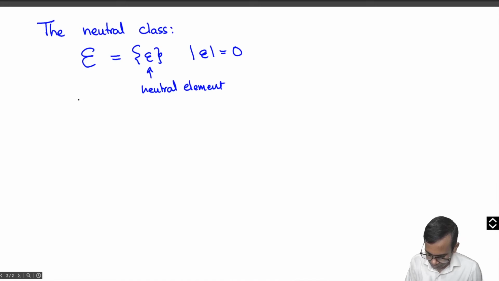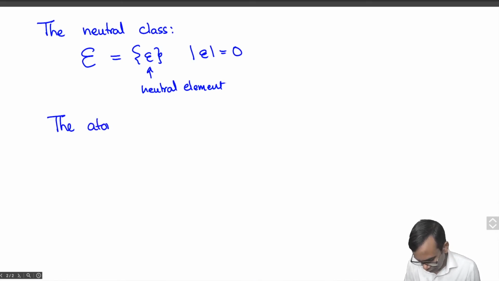The other very basic class that I want to introduce is the atomic class. The neutral class has something of size 0, but if you actually want to build non-trivial things, you want elements of size at least 1, and the atomic class is the minimal such thing.